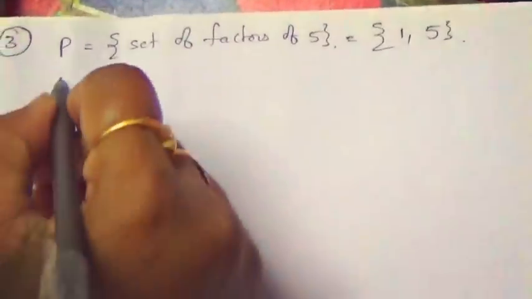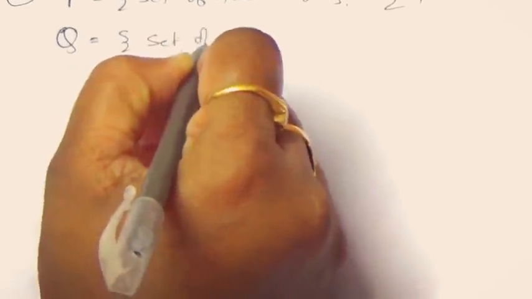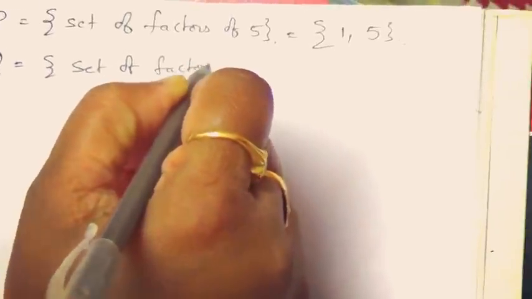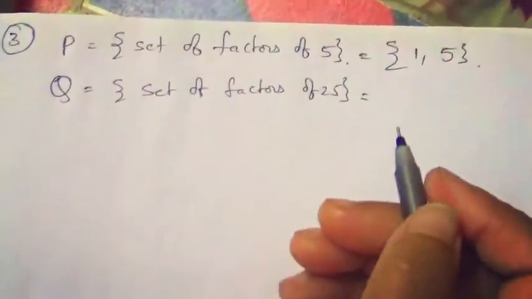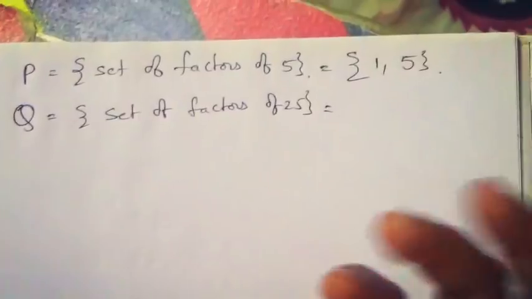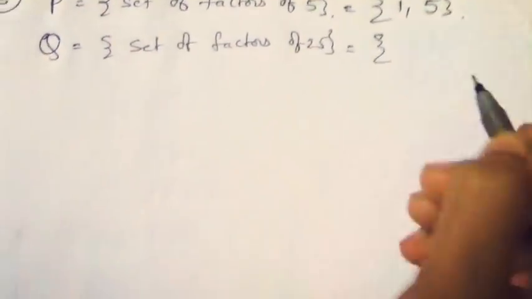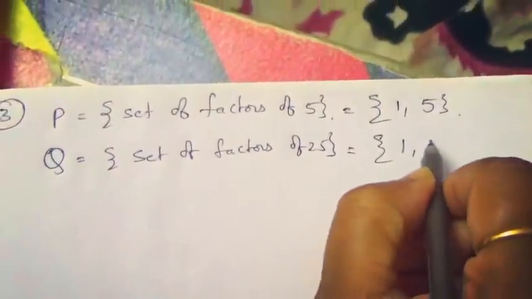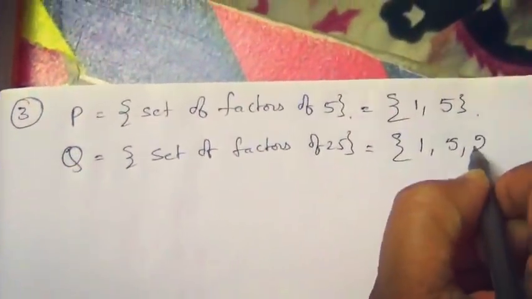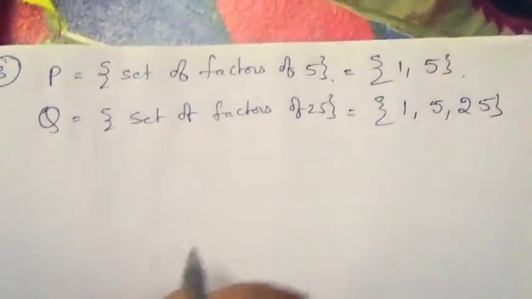Then Q is the set of factors of 25. What are the factors of 25? Divisors, right? So in the 1 table, in the 5 table, and 25. That's it.